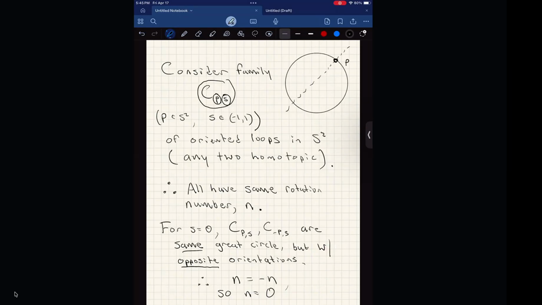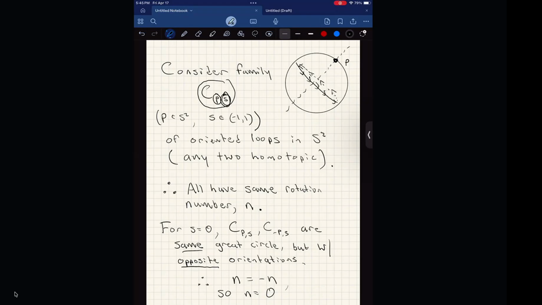So here's my point P. S equals 0 will correspond to the great circle, CP0, which is halfway between P and minus P, traversed in the orientation that's counterclockwise, or right-hand rule, with respect to the point P. So I traverse that great circle.